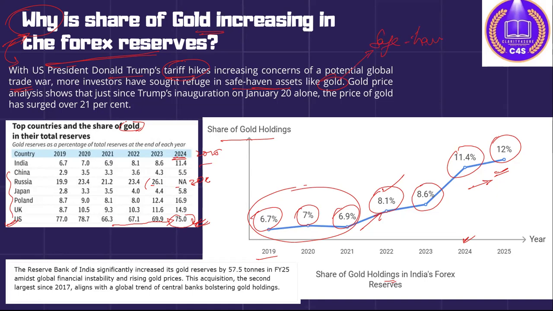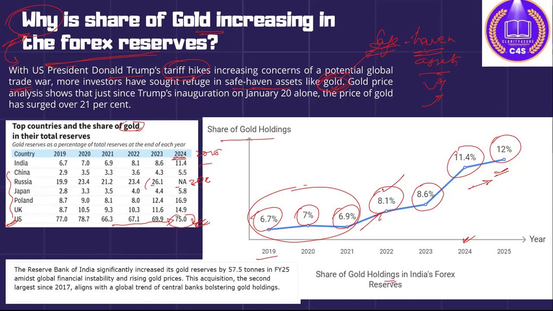It's a very safe asset. So governments and investors are looking to purchase more and more gold, and that leads to an increase in the price of gold as well.